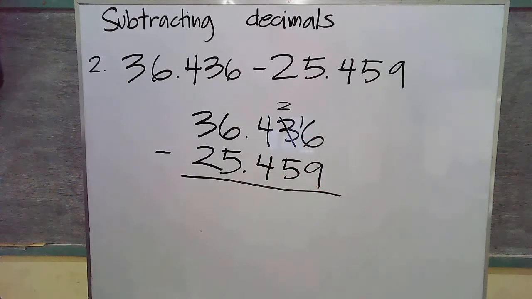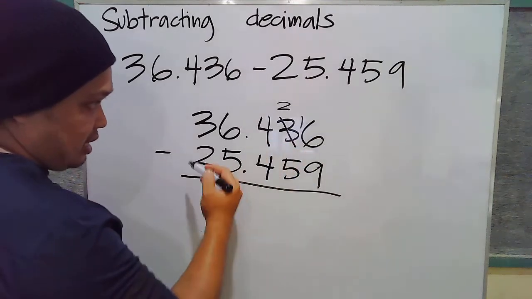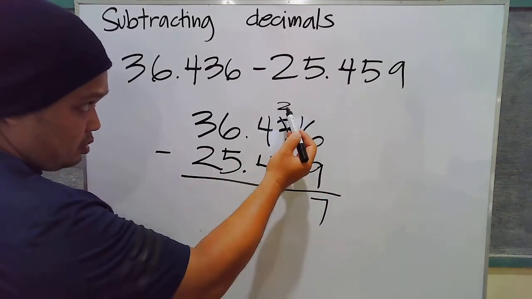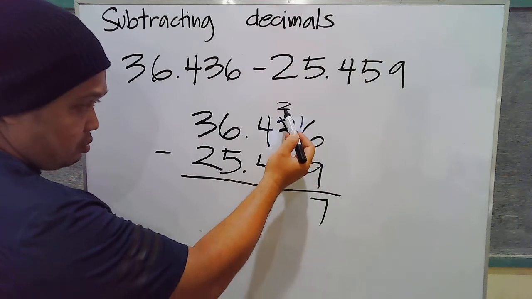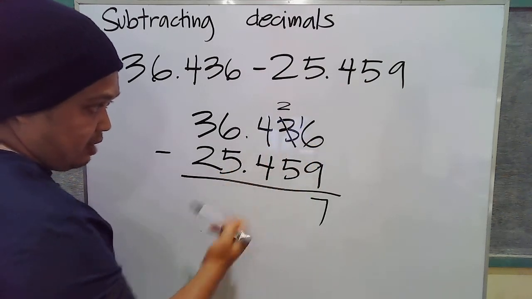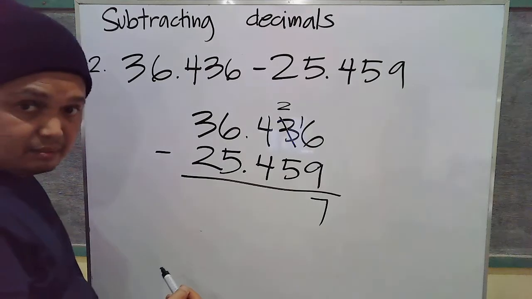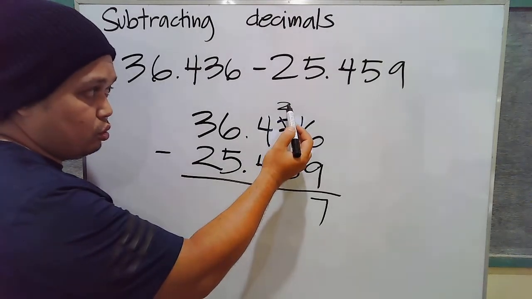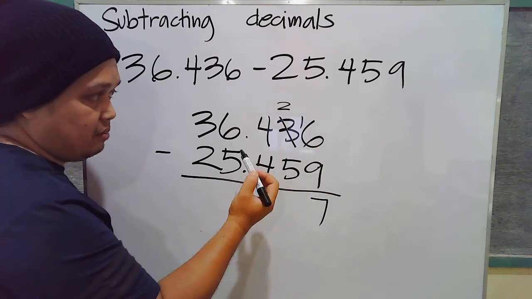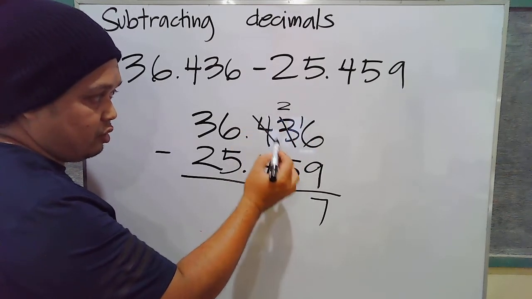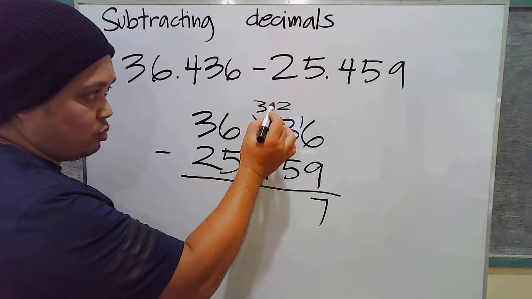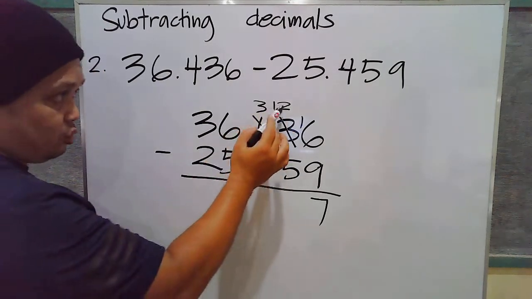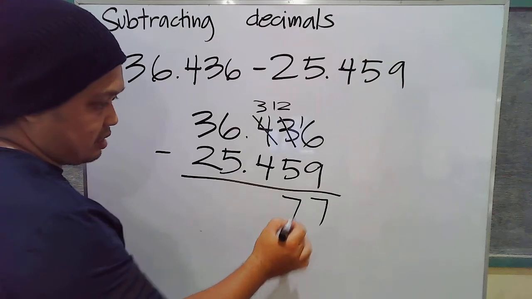Okay, so we can now subtract. 16 minus 9 is 7. Let's proceed. 3 here is no longer 3 but 2. So 2 minus 5 cannot be, because 5 is greater than 2. So again, 2 is going to borrow 1 from 4. Now 4 here will become 3, and 2 will become 12. So we can now subtract. 12 minus 5 is 7.